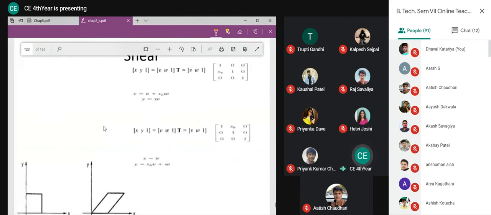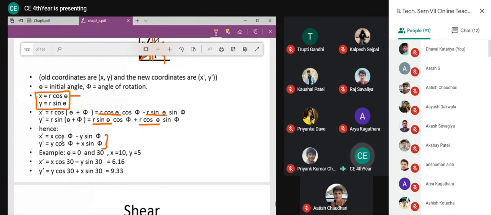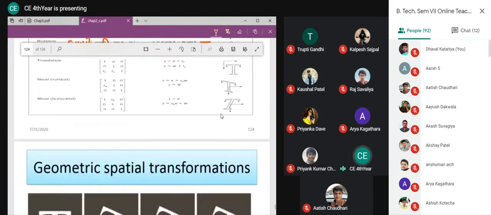Or if you want, what can be your matrix here? Here you are getting the rotation by phi, whatever angle you will write here. So you can write it like x dash, y dash, 1. Here I was having x, y, 1, right? Of course, I mean the new coordinates.